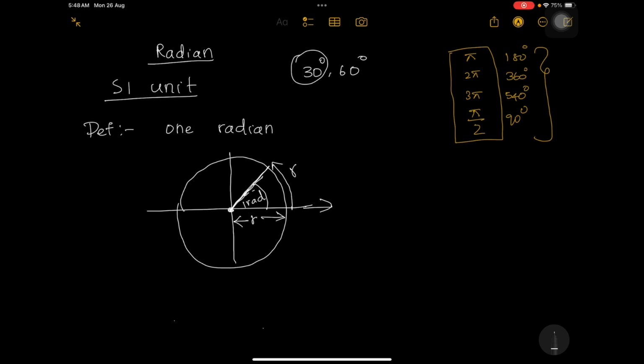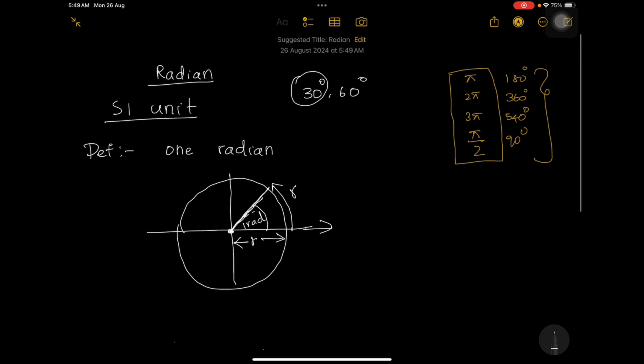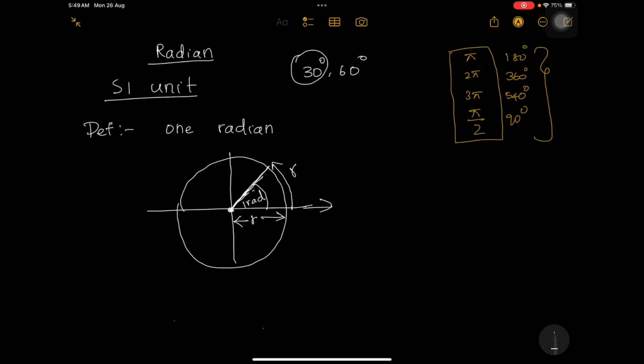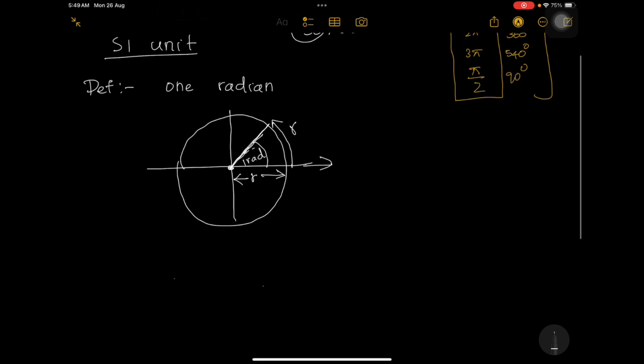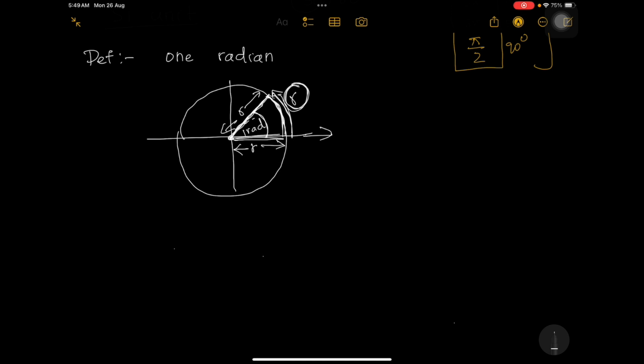So this arc is also r. You can see this scenario: this is r, the arc is also r, and this side is also r. So if any arc is equal to the radius of the circle, the angle it makes at the center of the circle is called 1 radian. That is the calculation of 1 radian.